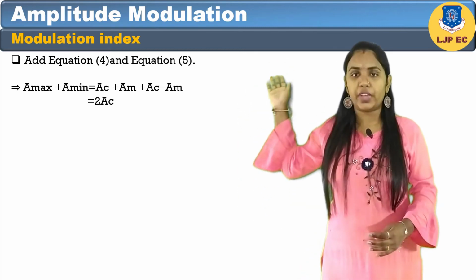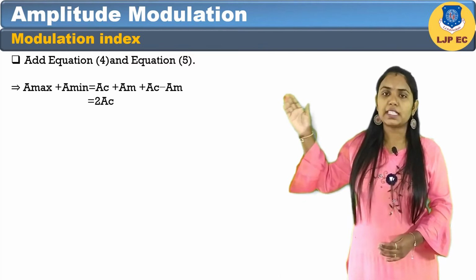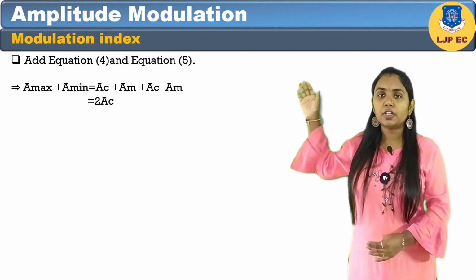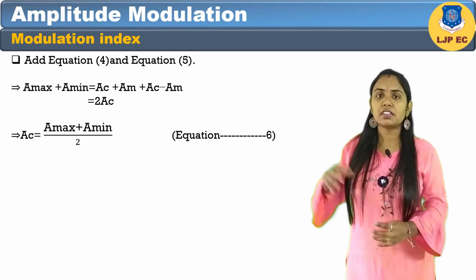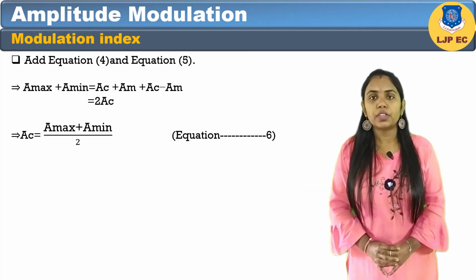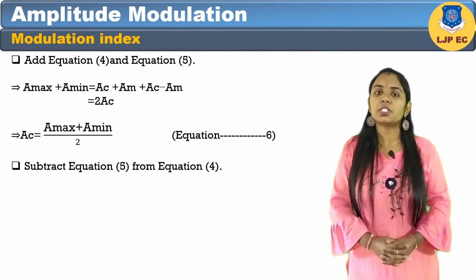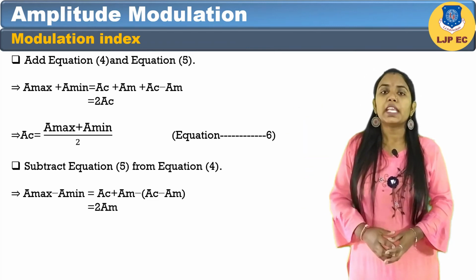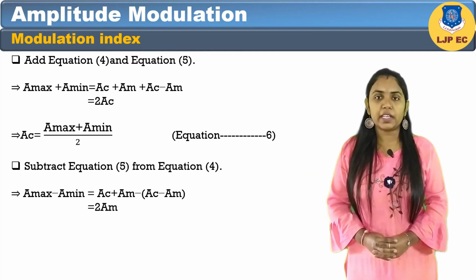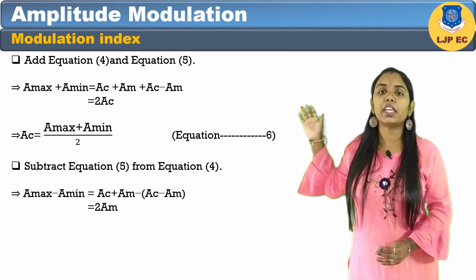Add equations 4 and 5. So we get Amax + Amin = Ac + Am + Ac - Am, so we get 2Ac. So Ac = (Amax + Amin)/2. That is our equation number 6. Subtract equation 5 from equation 4. So we get Amax - Amin = Ac + Am - Ac + Am, which gives 2Am.